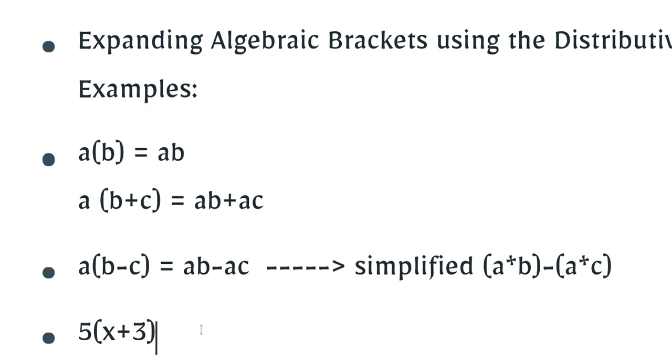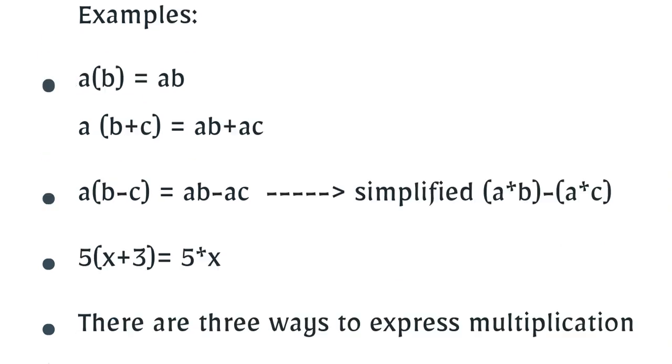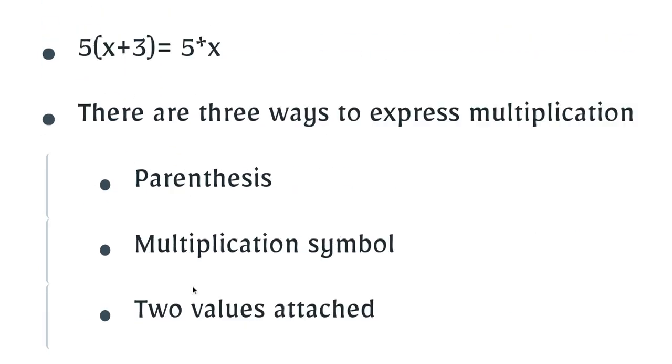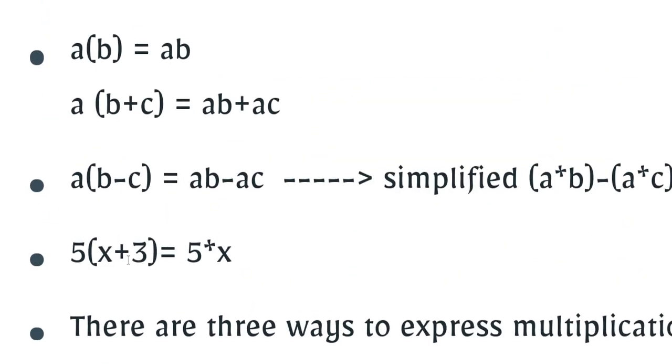Take me through the steps. Before we solve anything, tell me what we would have as multiplication. We would have 5 multiplying the first term, right? So what would be the first term? 5 what? 5x. So we would say 5 multiplied by x, right? What is the operation between the x and the 3?